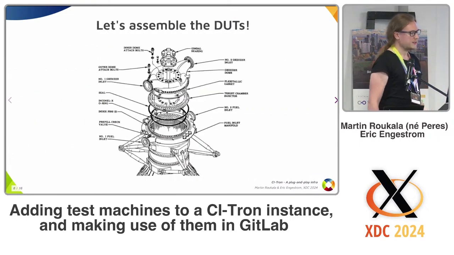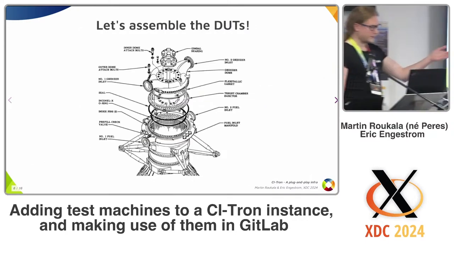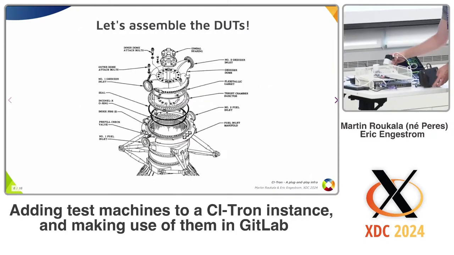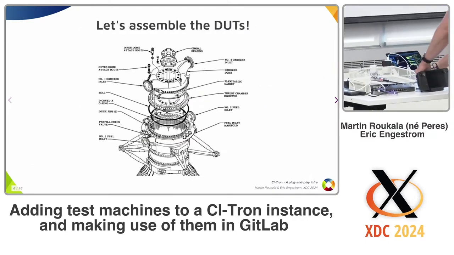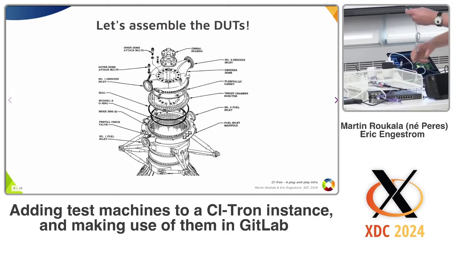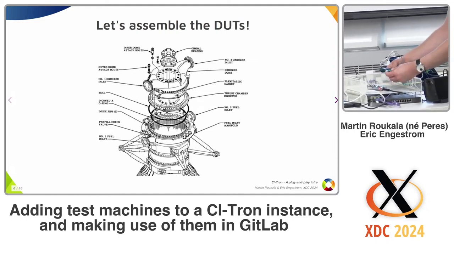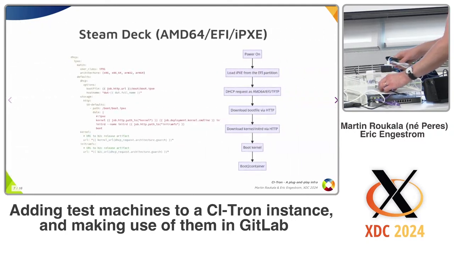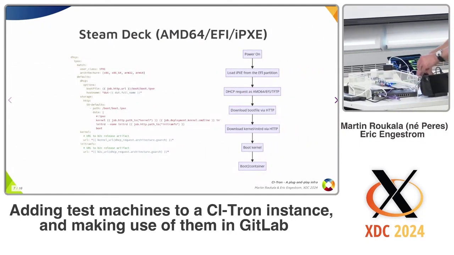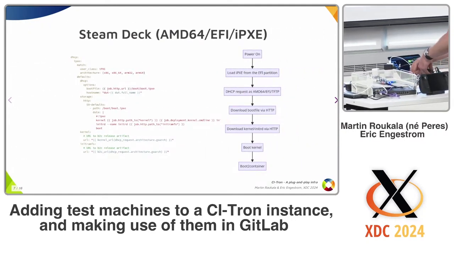So let's assemble the DUTs. Martin's going to set up each machine one at a time, and I'll explain the boot flow. First off, we have the Steam Deck. We use a smart plug to control the power remotely, and it's connected on the battery relay.